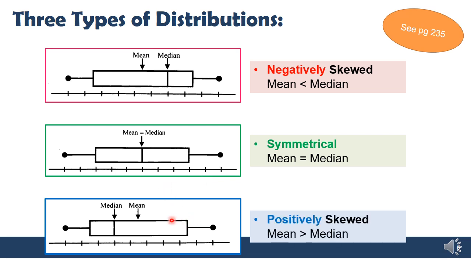And what this means is that there's some high value, some outlier or extreme value that's pulling the mean higher than the median, meaning that the average lies in this top 50% of the data. There's more explanation of this, I should say, on page 235 in your book.